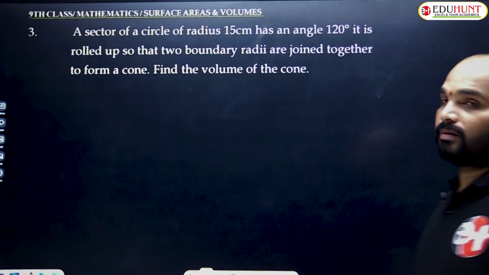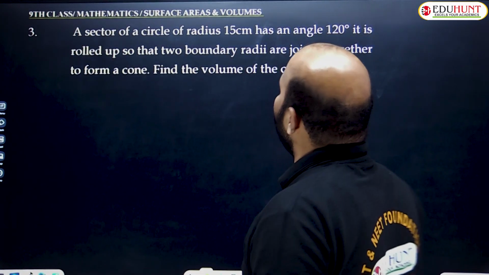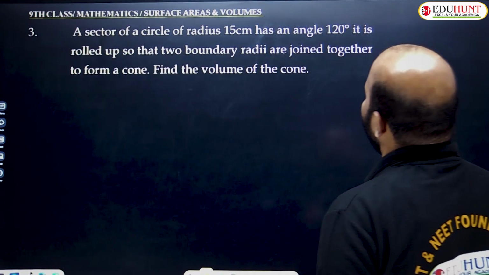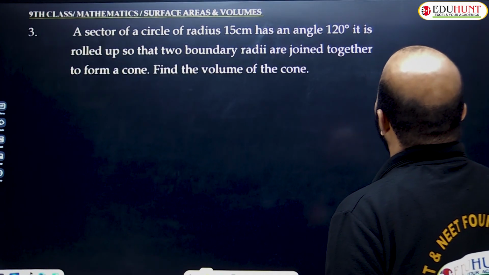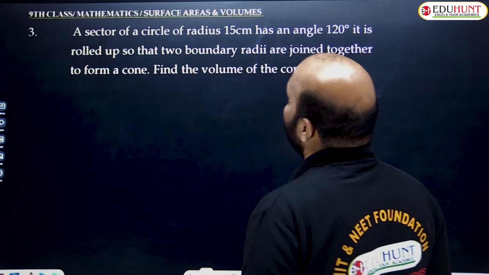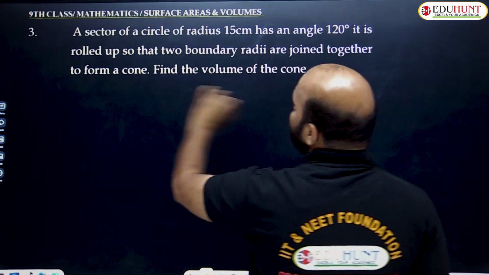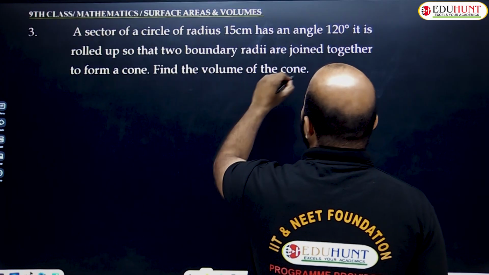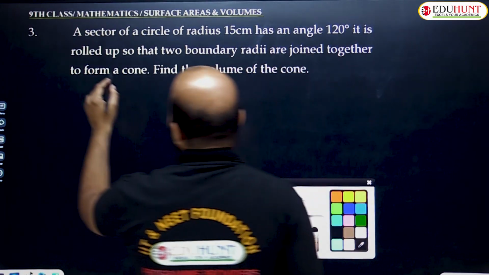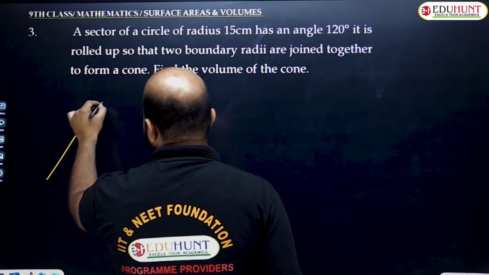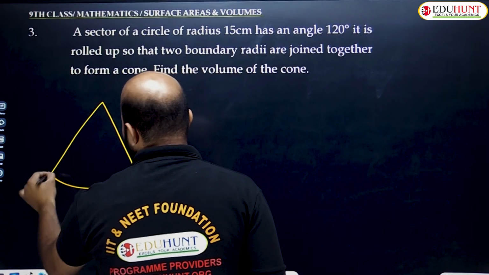Let's go to question number 3. A sector of a circle of radius 15 centimeters has an angle of 120 degrees. It is rolled up so that the two boundary radii are joined together to form a cone. Find the volume of the cone. We are given a sector of a circle.